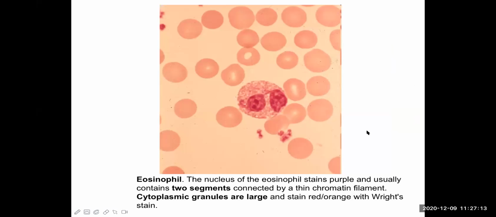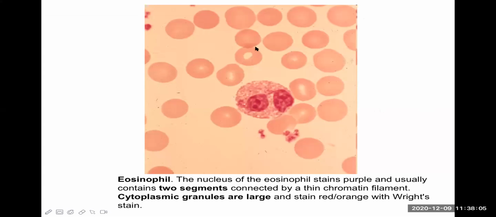Now look at how the eosinophil looks. It is a granulated type of WBC. It has granules and a bilobed nucleus. There are 2 lobes in the nucleus. The nucleus of the eosinophil stains purple and usually contains 2 segments connected by a thin chromatin filament, which is right there in the middle.